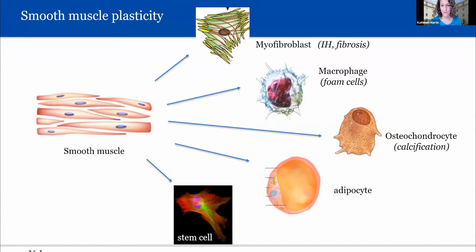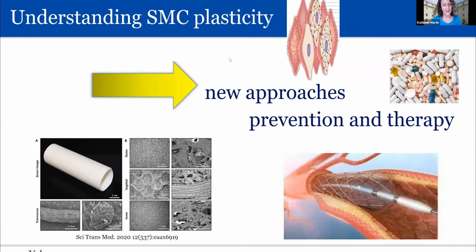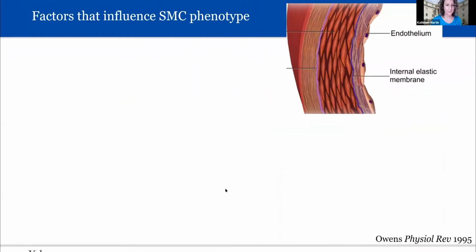So a really remarkable plasticity. Understanding the molecular basis of this plasticity will hopefully provide us with new approaches for prevention and therapy, where drugs can be applied to platforms such as balloons and stents and synthetic grafts.